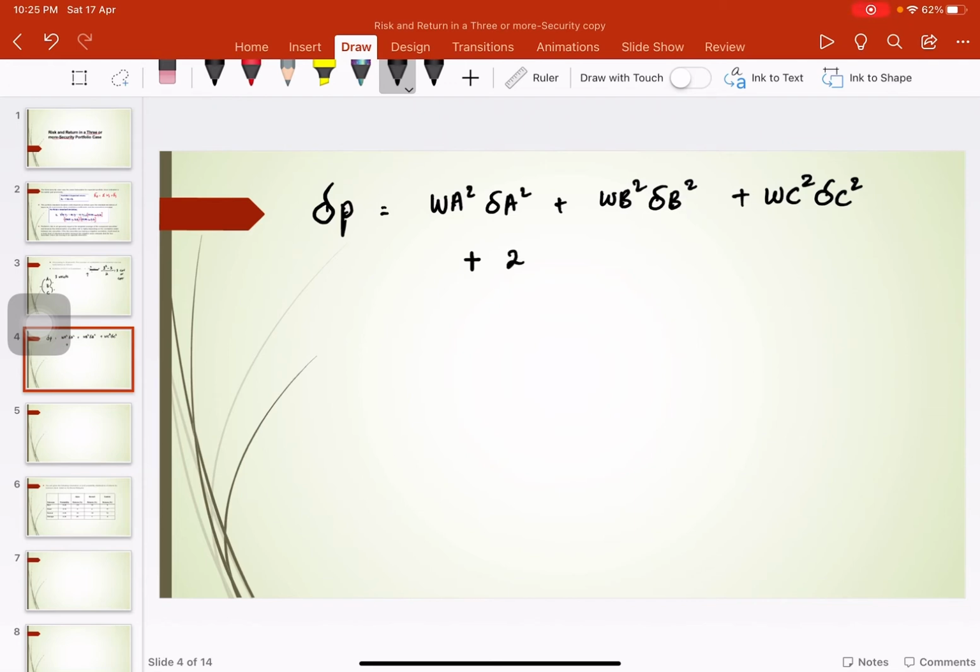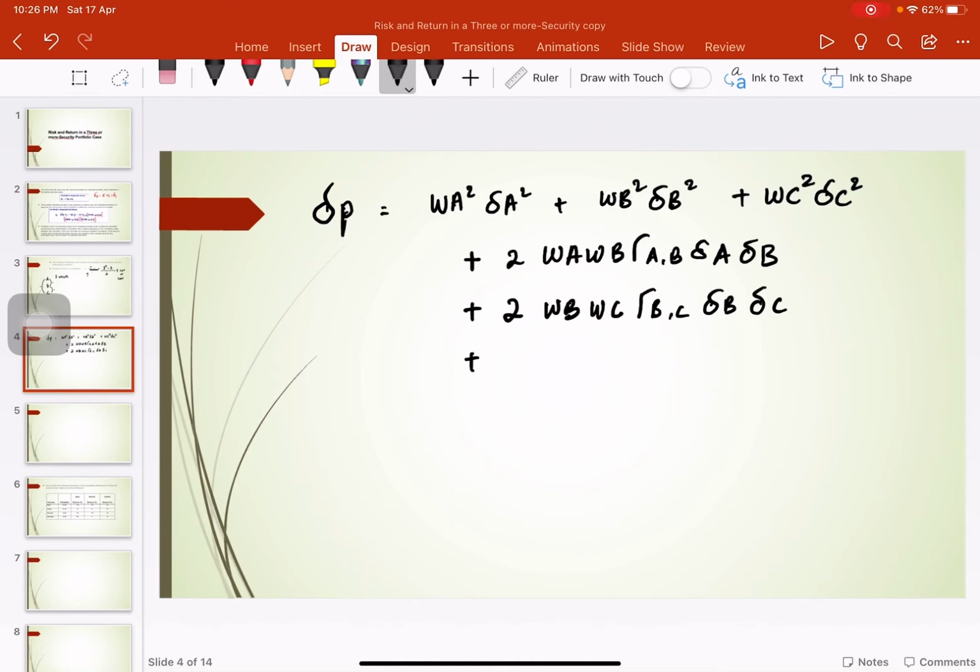Plus 2 weight A, weight B times the correlation between A and B times standard deviation A times standard deviation B, plus 2 weight B, weight C times the correlation between asset B and C times standard deviation B times standard deviation C, plus 2 weight A, weight C, pasangan yang ketiga, times the correlation between asset A and C times standard deviation A times standard deviation C. And then don't forget to square root.